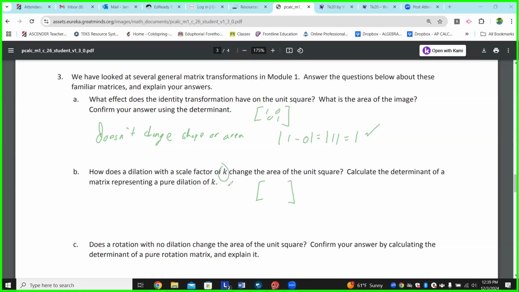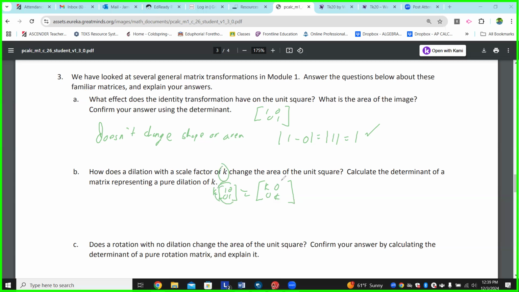It would be K, 0, 0, K. You are correct by saying that, but we take K times the identity matrix 1, 0, 0, 1. That's how we first learned about it. And when we distributed it to everything, we ended up with this guy right here, which I would multiply to my unit square values.